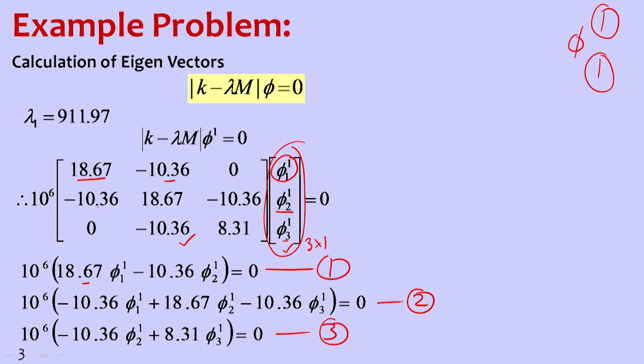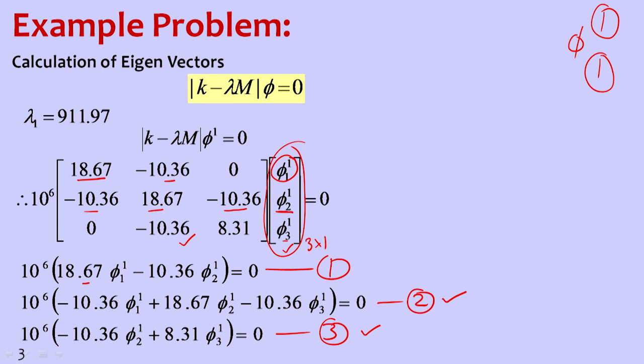Similarly, the second equation will have minus 10.36 into phi 1 1 plus 18.67 into phi 1 2, and the last term here has a value other than 0, that is minus 10.36 multiplied by phi 1 3. We will get the second equation. Similarly, the third equation.